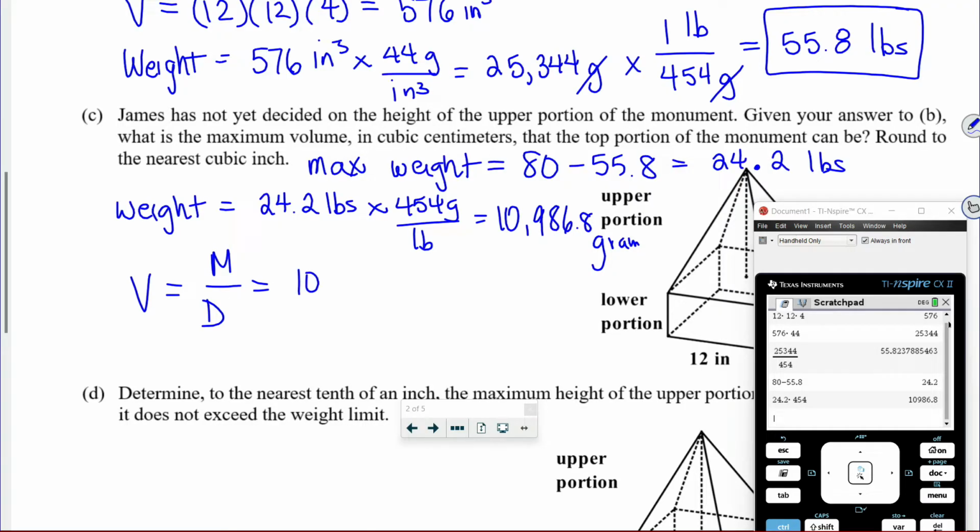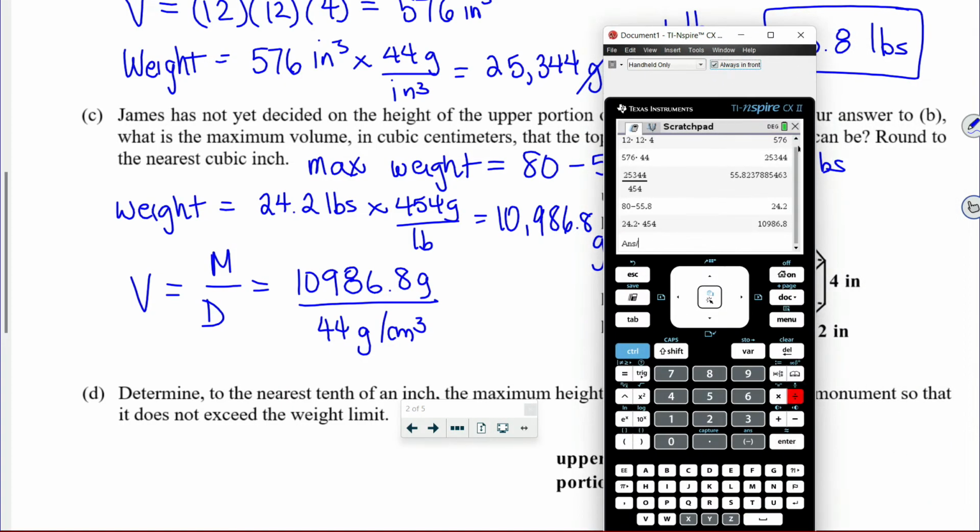So 10,986.8 grams divided by 44 grams per cubic inch. We're just going to take this and divide it by 44, and we find that that could be 249.7.